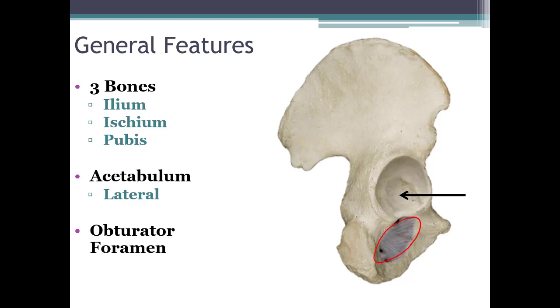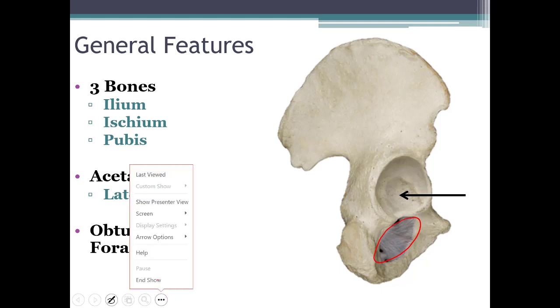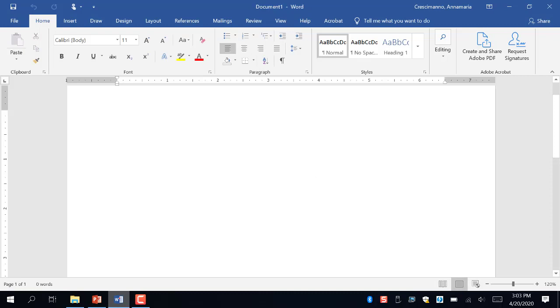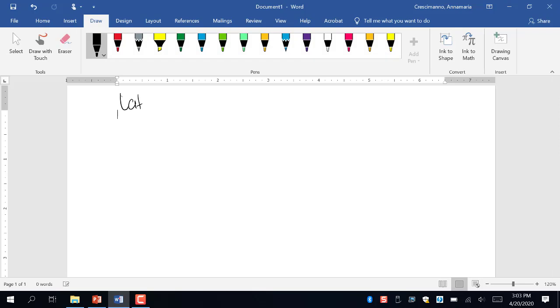Okay, so let's move over to our Word document and draw this out. So I am looking at a lateral view of a right os coxa.